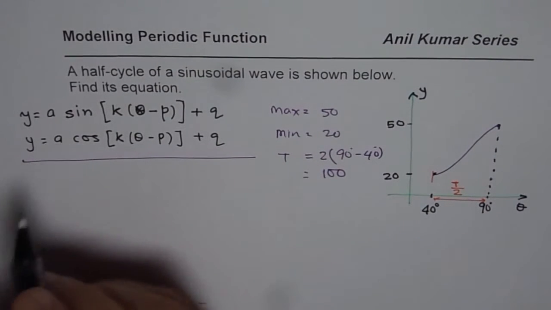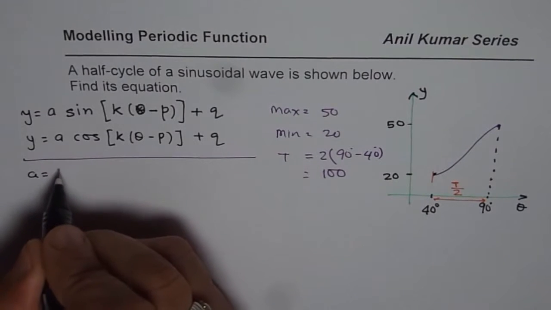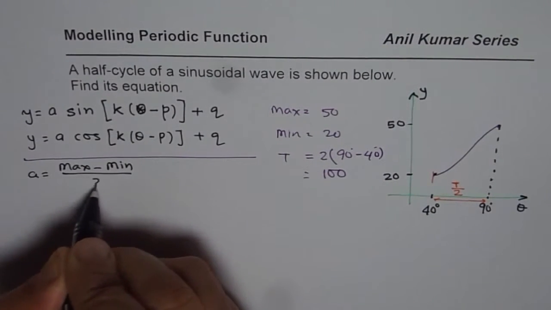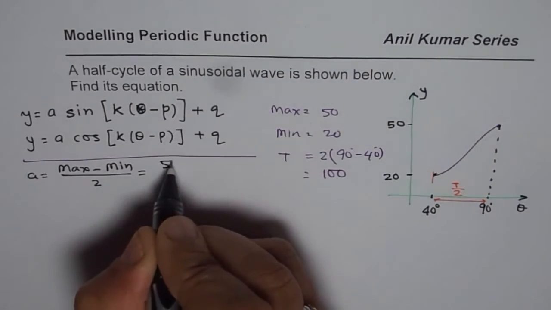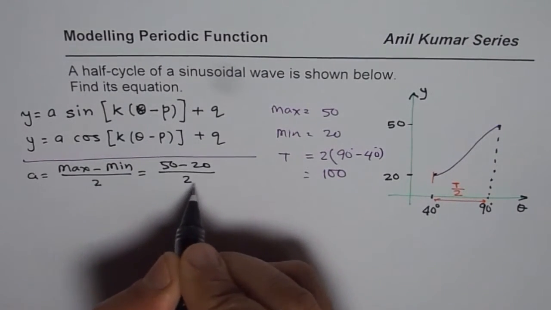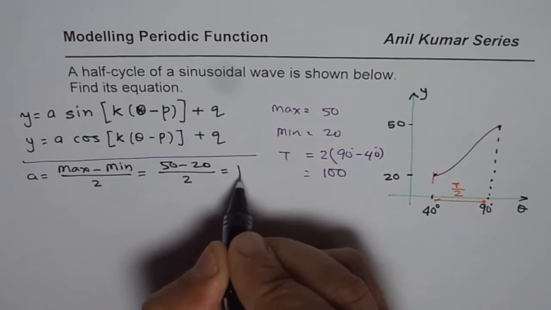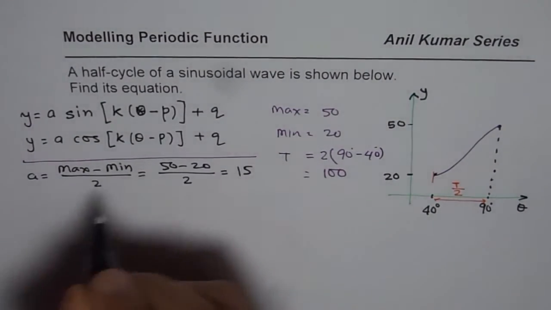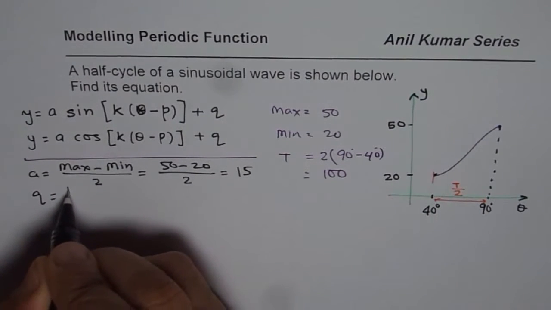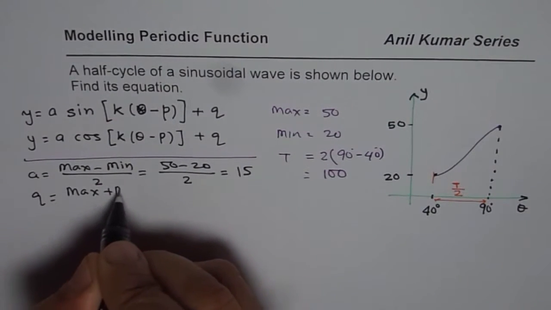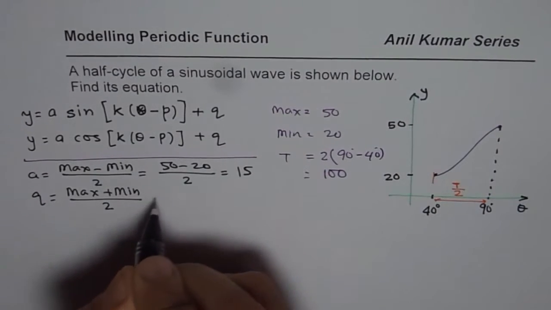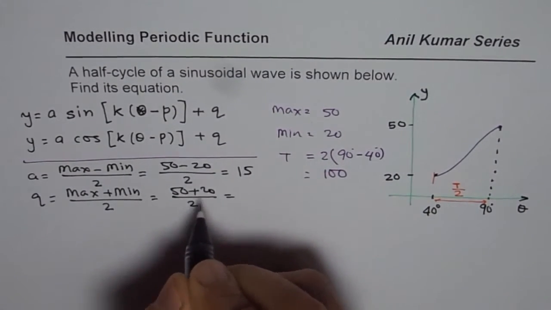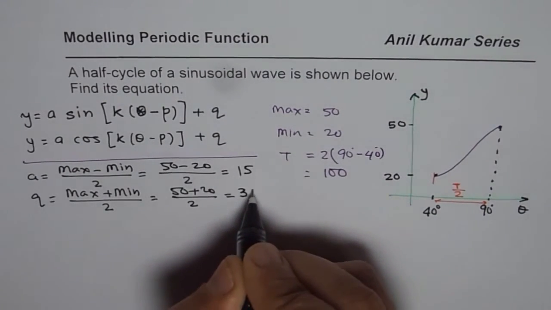So let's begin with A. Amplitude is maximum minus minimum divided by 2, which is 50 minus 20 divided by 2, which is 30 divided by 2, 15. Now the axis, which is q for us, which is the average value: maximum plus minimum divided by 2, 50 plus 20 divided by 2, 70, half is 35.